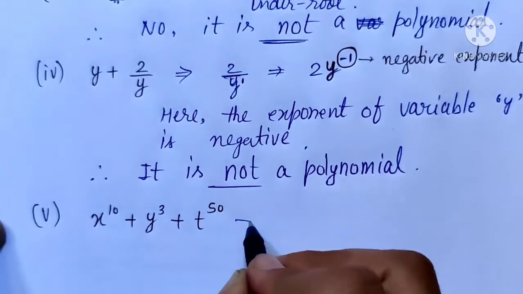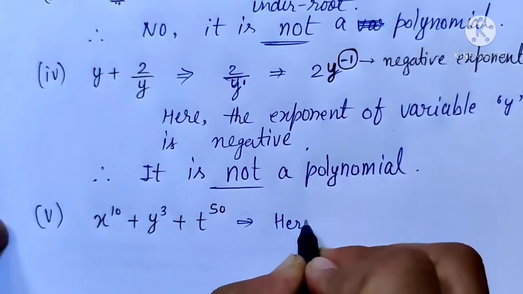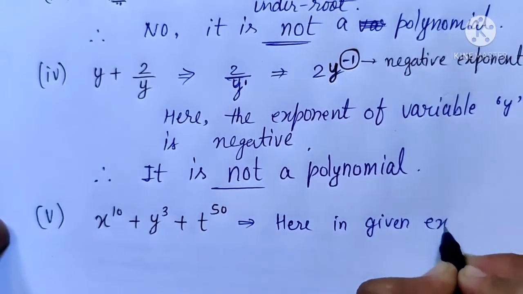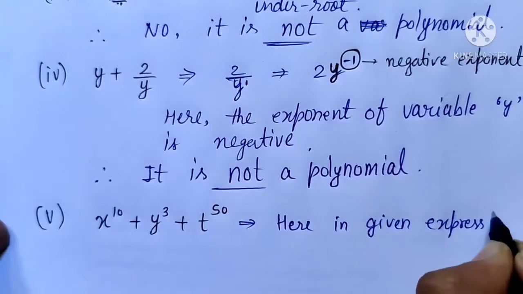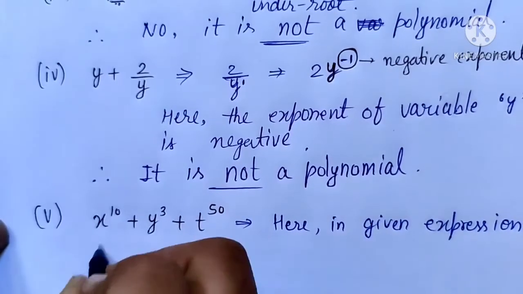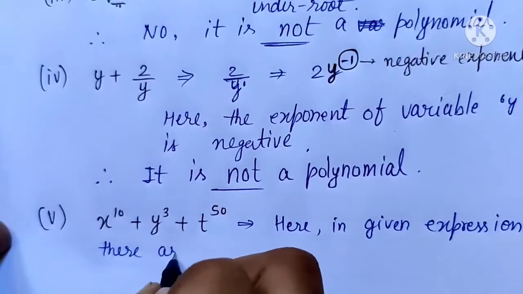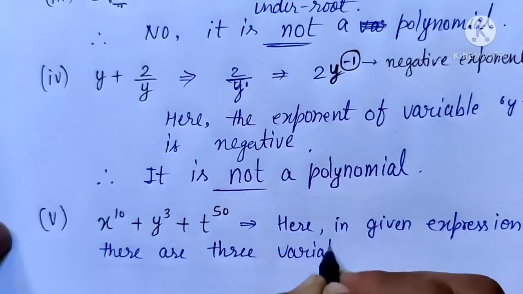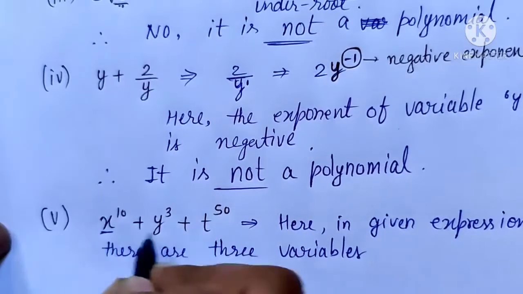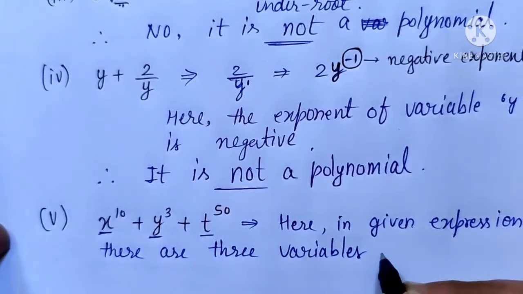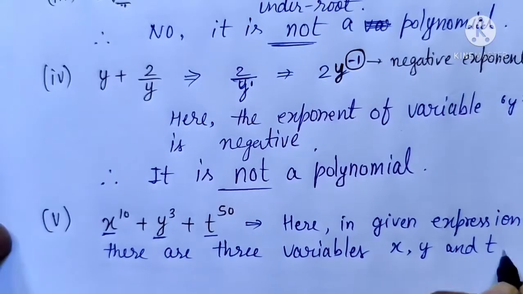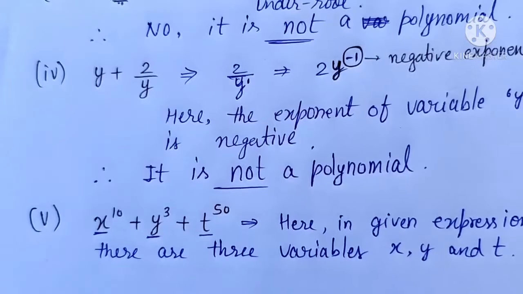Now see, in the given expression, how many variables are there? 3 variables. Just check: x, y, t. So can we say that it is a polynomial in one variable?